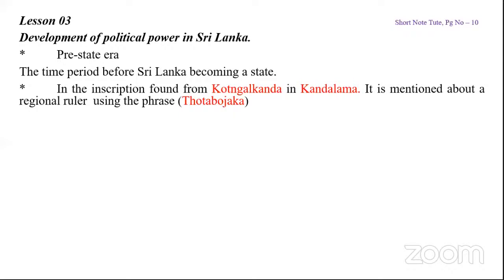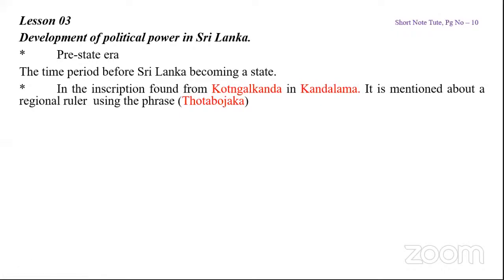Parumakas, Gamikas and householder Gruhapatis were developing. The leadership was developing, but there were no kings. It was the time period before Sri Lanka became a state, a kind of government, a government or a state that was ruled by a king.